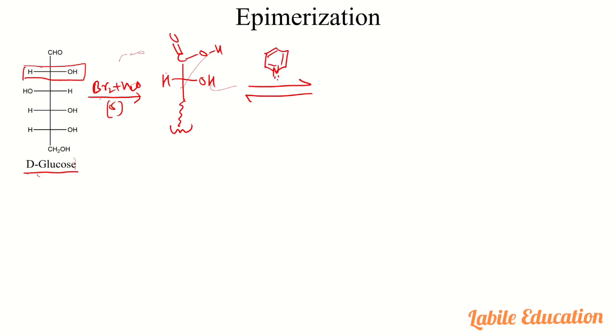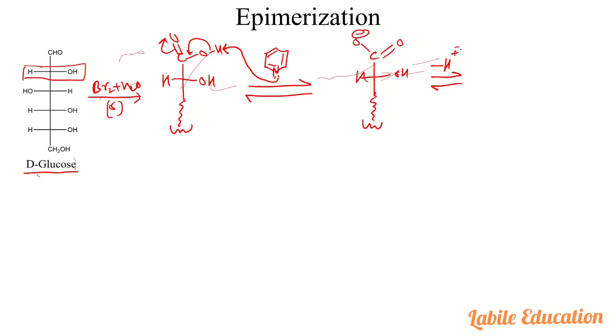Pyridine is a weak base, and this pyridine will convert this carboxylic acid group into a carboxylate ion like this, and the rest of the molecule we can draw similarly. And again, because the medium is basic, the hydrogen at the alpha carbon, that is at the C2 carbon, will also be acidic.